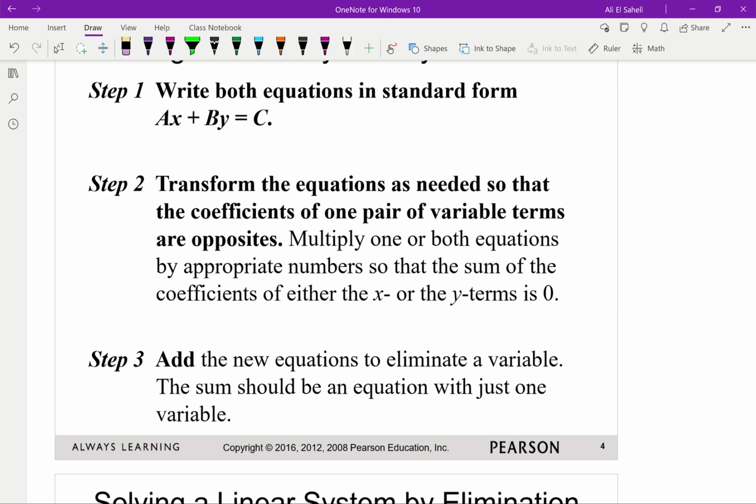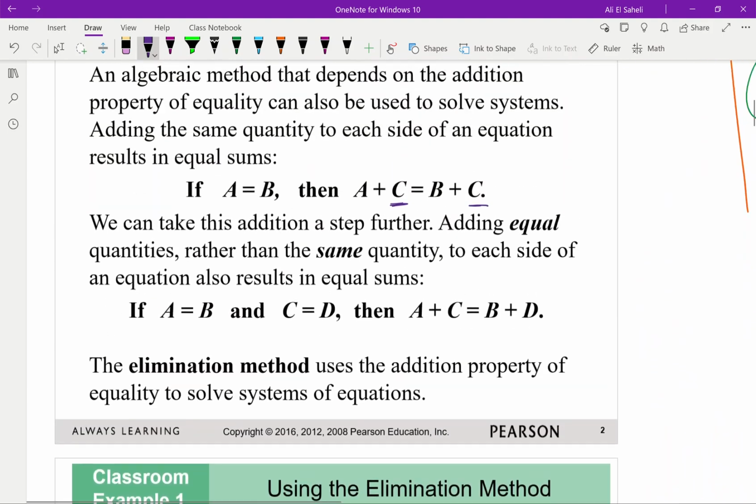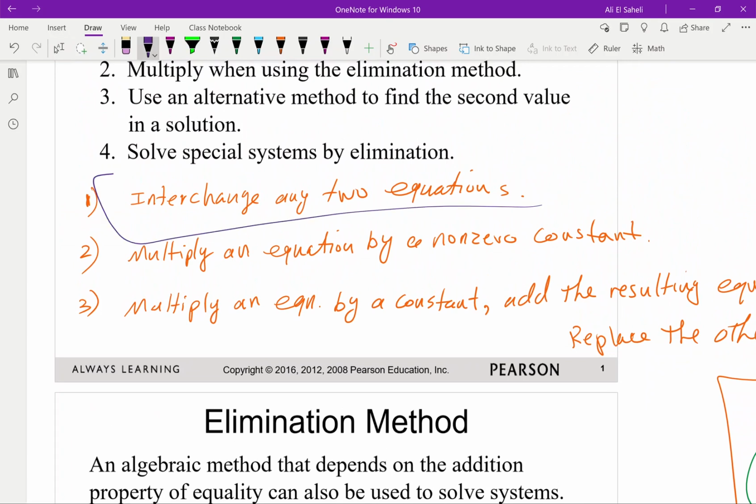The sum should be an equation with just one variable. Okay, so another way of stating these is the three operations I mentioned before, except the interchanging of two rows, because we don't need that if you are working with only systems of two equations and two unknowns. If you work with 3 and higher, then this operation becomes very, very useful.